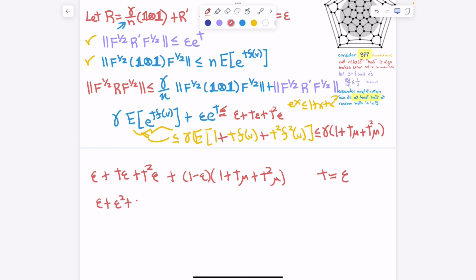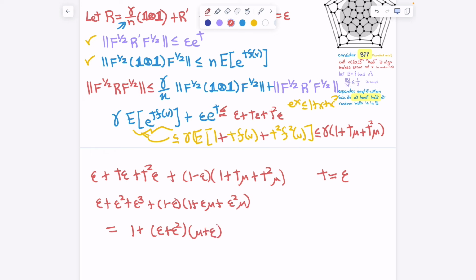Epsilon cubed plus 1 minus epsilon, 1 plus epsilon mu plus epsilon squared mu. And what I wrote, you guys can double check, epsilon plus epsilon squared, mu plus epsilon. Did that work out as nicely as I claimed in the notes?